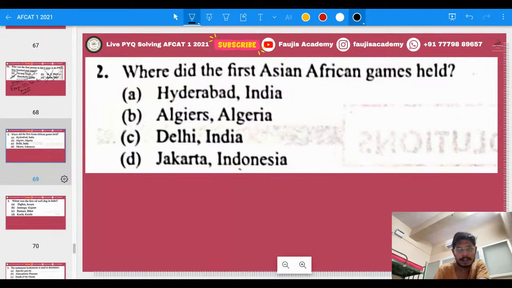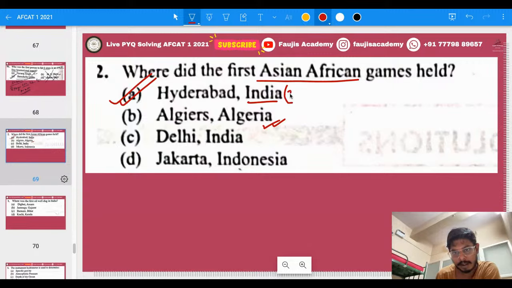It was then supposed to happen at Algiers, but it did not. The first and only version of the Asia Africa Games was played in Hyderabad in 2003.